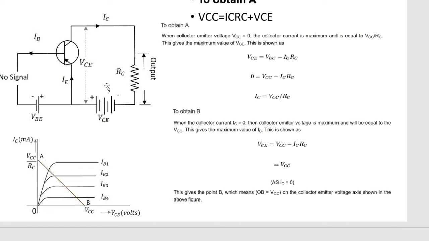We are not applying any input AC signal here; we are analyzing the circuit only by considering the DC supply VCC. So this point A we call the saturation point, the point B is called the cutoff point, and the region between points A and B is called the active region of the characteristics.